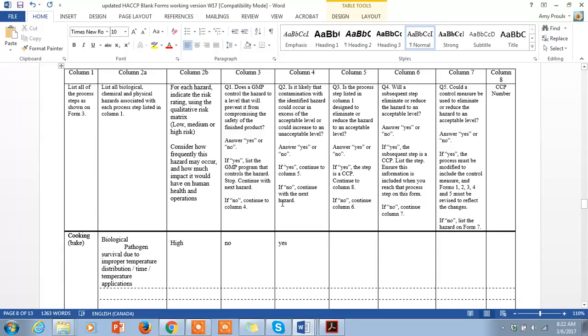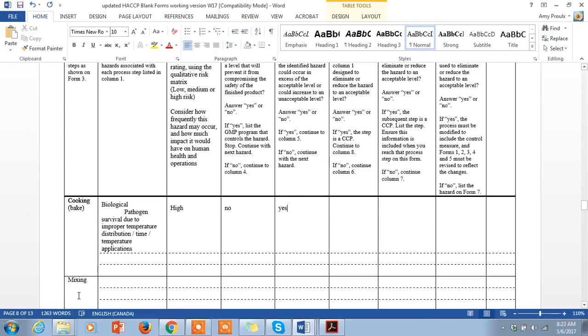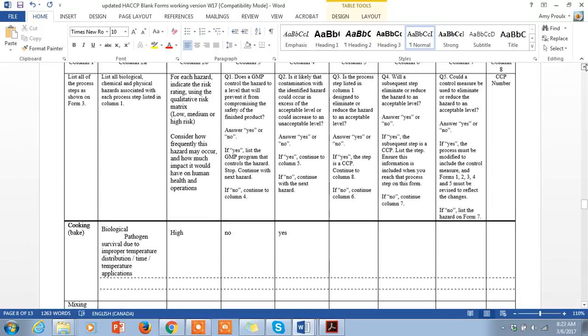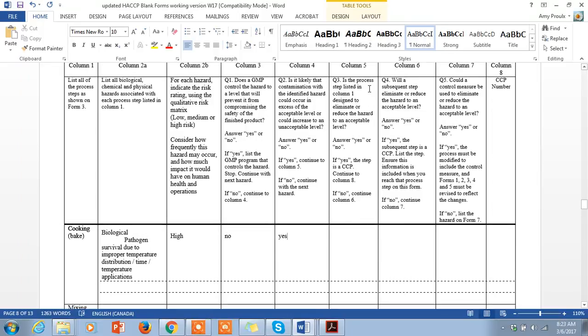If that hazard, like the arsenic in rice, is at a level that's acceptable under government regulations and is not going to increase, you could say no and carry on back to the next hazard, or the next item in column 1. So back to column 5 here. Is the processing step listed in column 1 designed to eliminate the hazard to an acceptable level? So in the case of cooking, yes, it is.